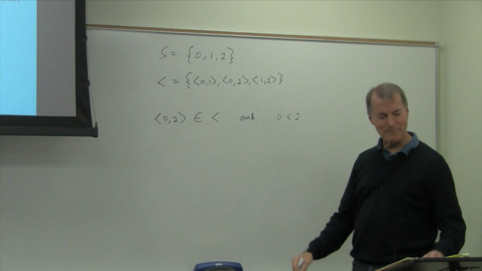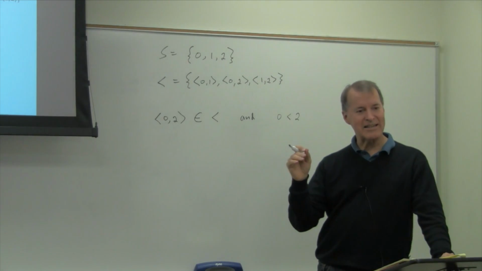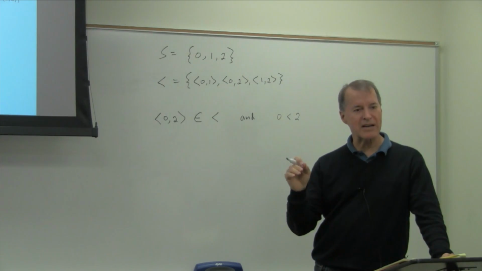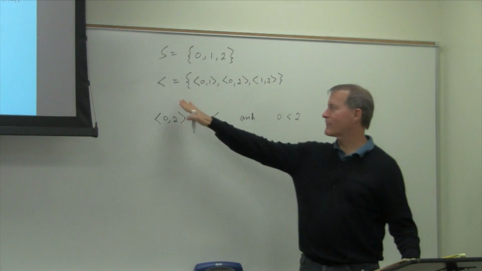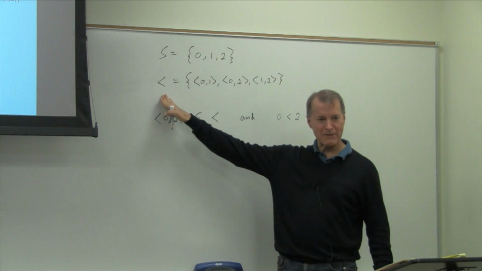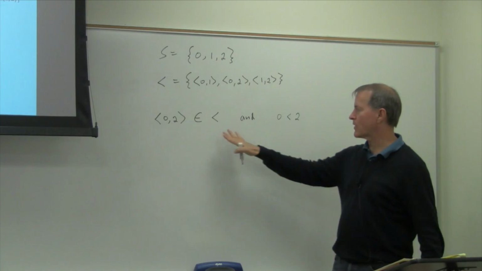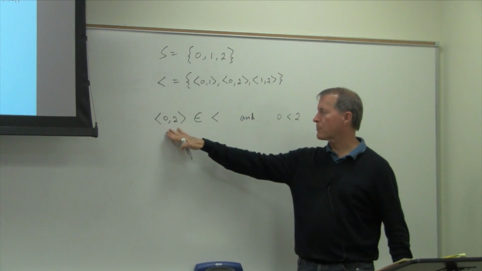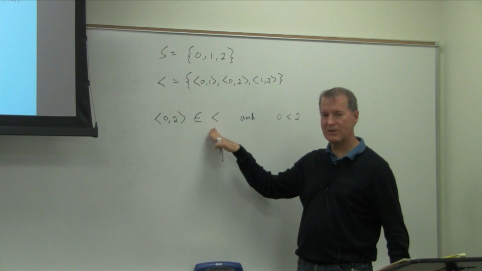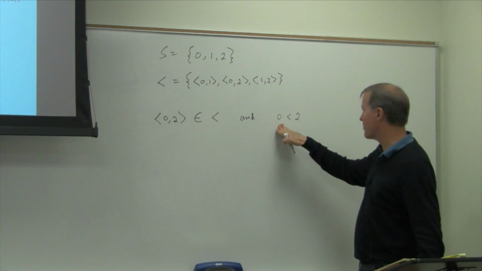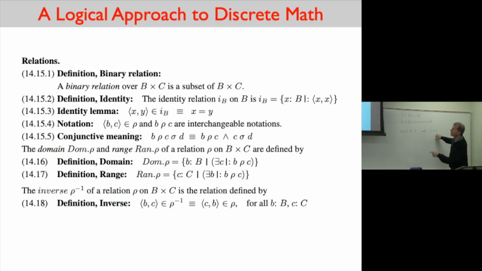Rho is a symbol for an arbitrary relation, and this is an example of a specific relation. So in this case, it's saying that the ordered pair 0, 2 is an element of this relation, and 0 is less than 2 are interchangeable notations.